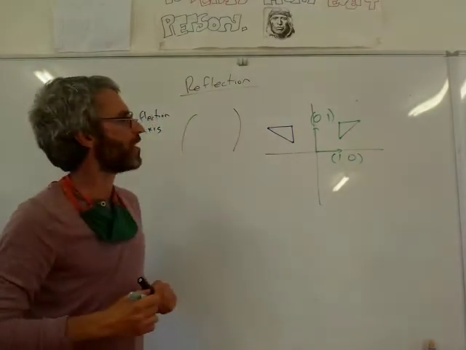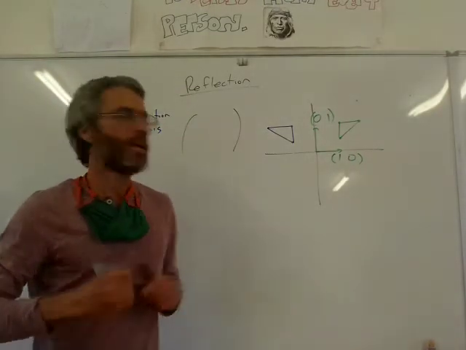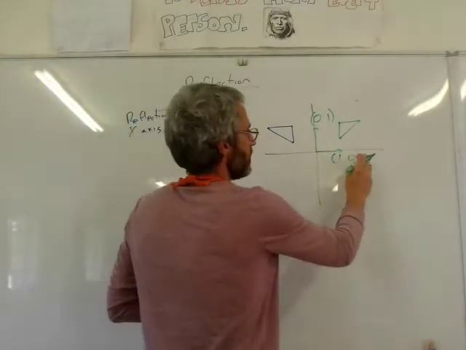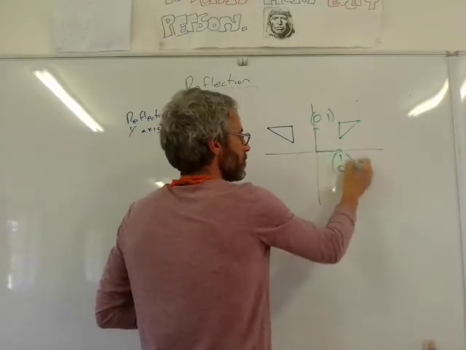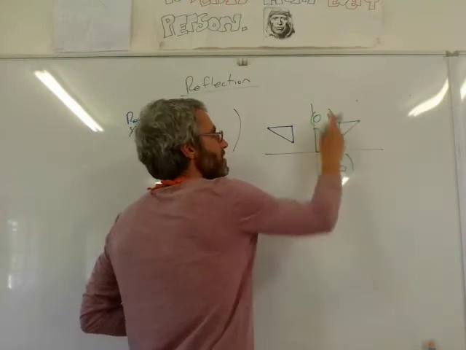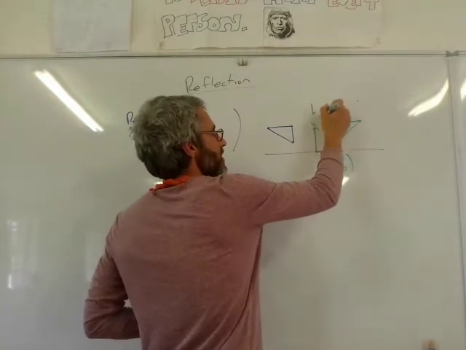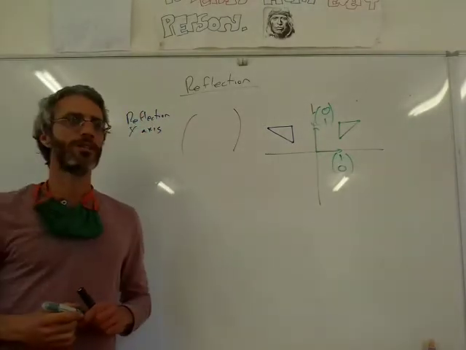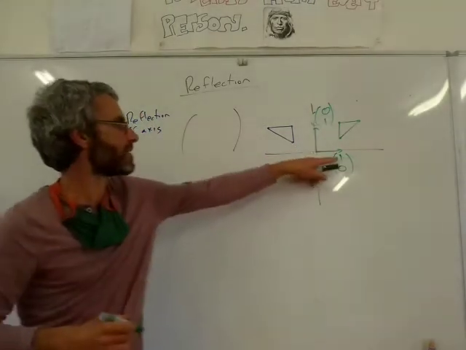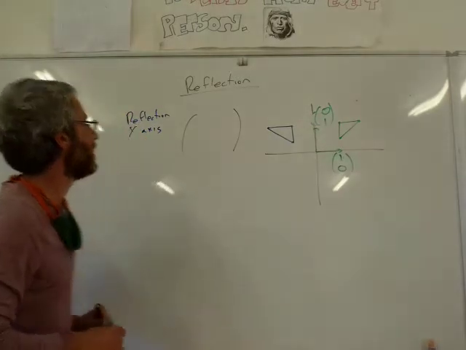We use them as columns. So this is 1, 0, which means the x is 1, the y is 0. And this one is 0, 1. Does that make sense? The x, the y, the x, the y.